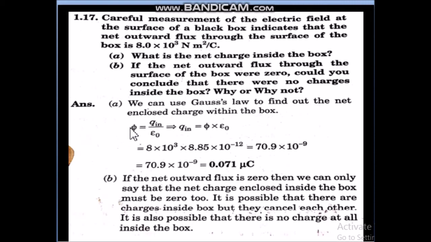The meaning is simple: if flux phi is 0, then summation q should be 0. Summation q being 0 can also be obtained by equal and opposite charges inside the surface. So it is possible that there are charges inside the box but they cancel each other, and it is also possible that there is no charge at all. Whatever number of possibilities there are, that we will write as the answer.